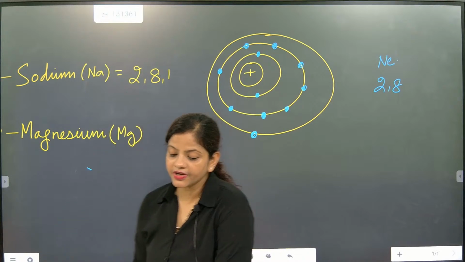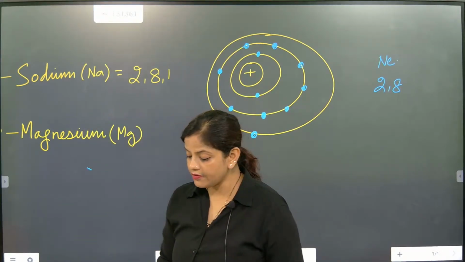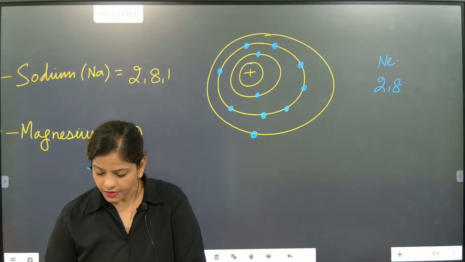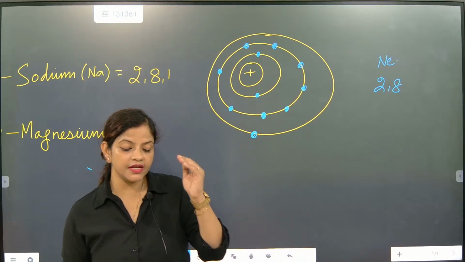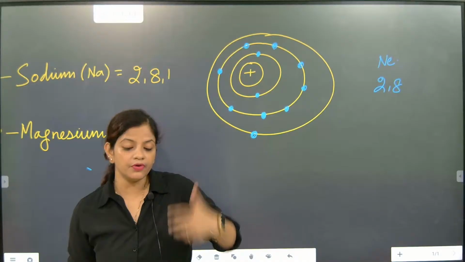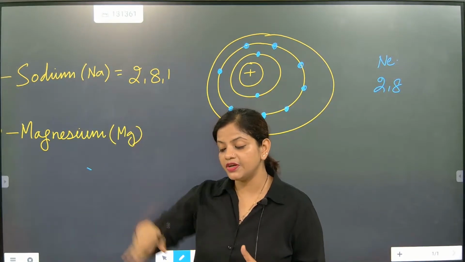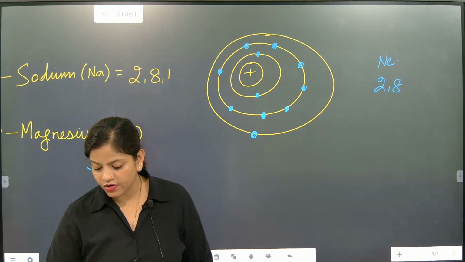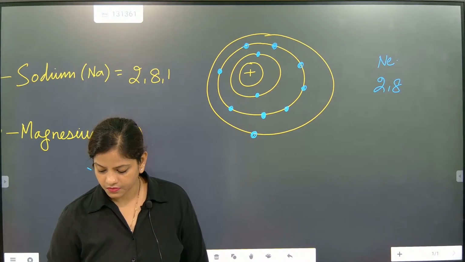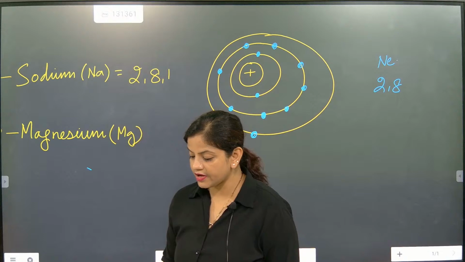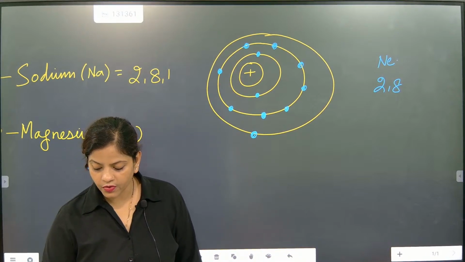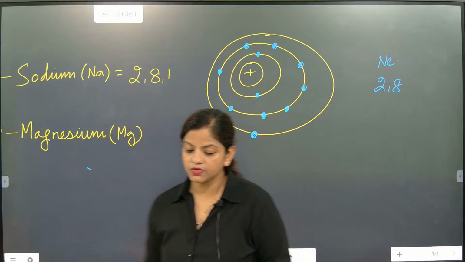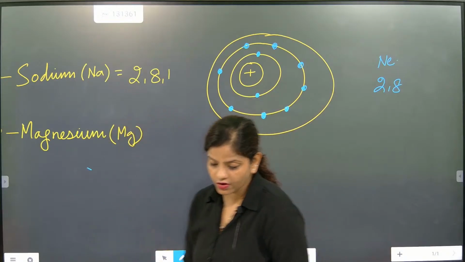What is electronic configuration? The number of electrons present in the different orbits is the electronic configuration.